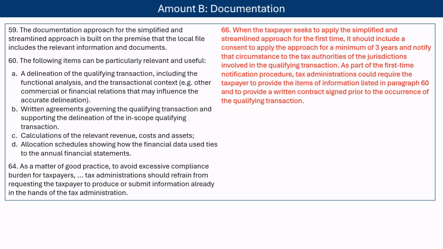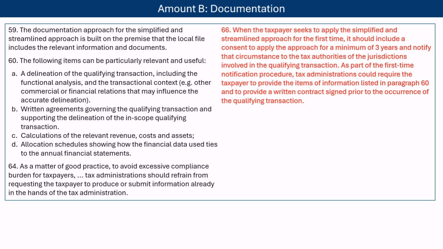So what does paragraph 66 say? It says, when the taxpayer seeks to apply the simplified and streamlined approach for the first time, it should include a consent to apply the approach for a minimum of 3 years and notify that circumstance to the tax authorities of the jurisdictions involved in the qualifying transaction.